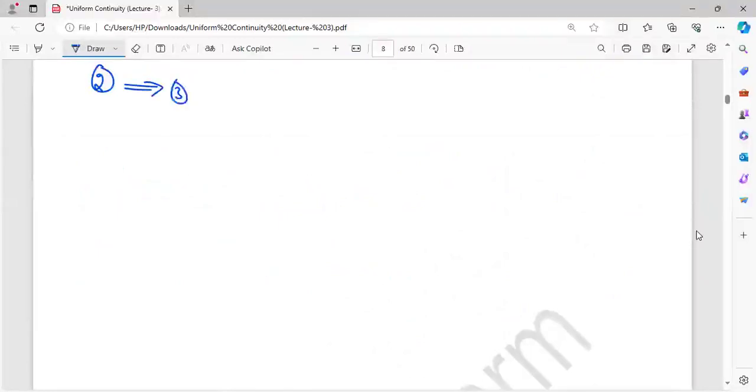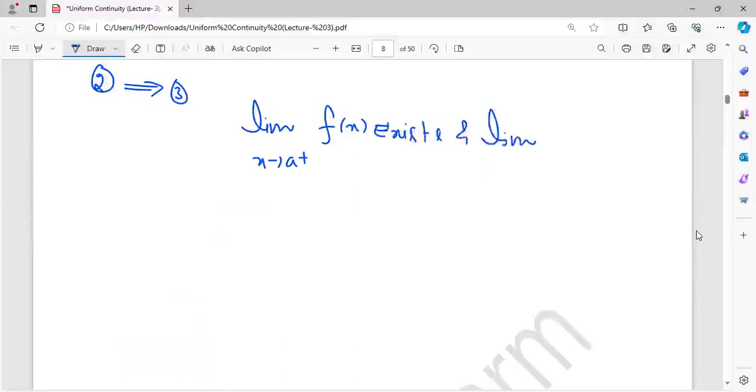Okay. So we know that the limit as x tends to a plus of f(x) exists, and the limit as x tends to b minus of f(x) exists. Both limits exist.